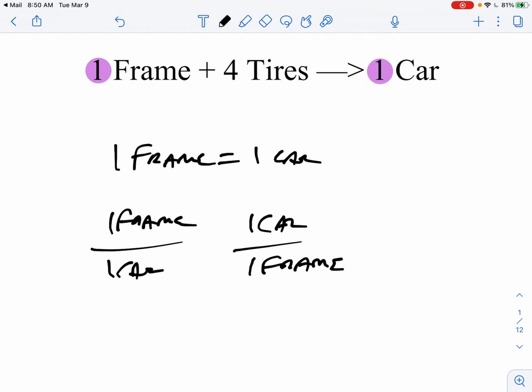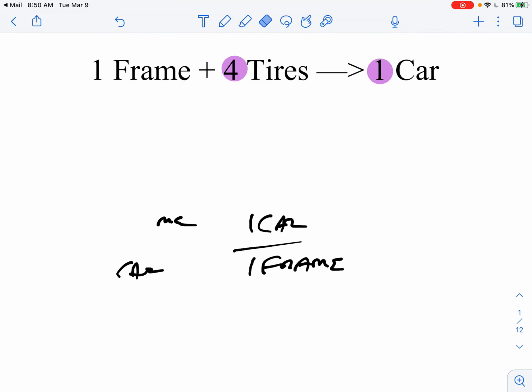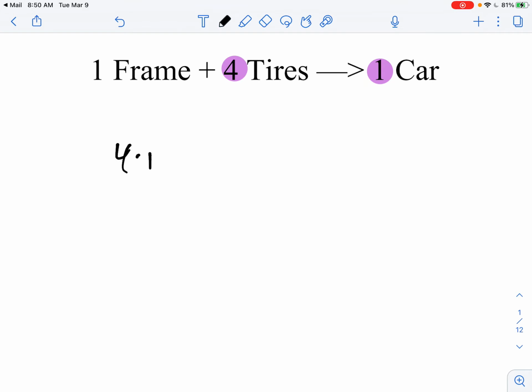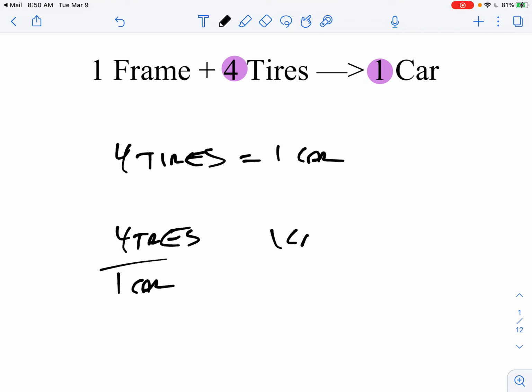So if you have a balanced equation, you can say any two things in it equal each other. And again, our third example: let's say the two things you care about are tires and cars. Then you can say 4 tires equals 1 car, which means there are either 4 tires per 1 car, or 1 car per 4 tires.